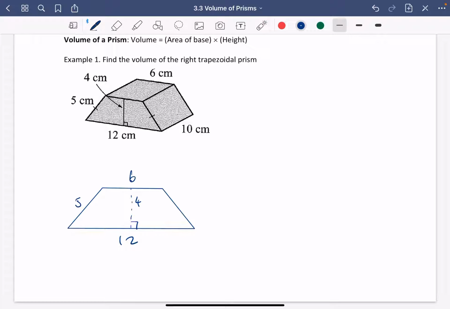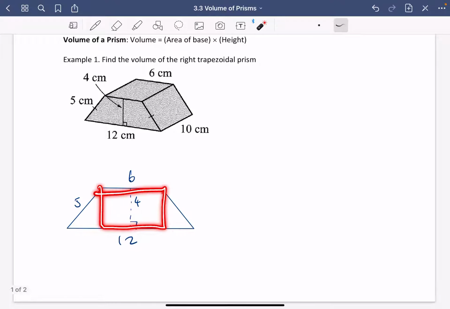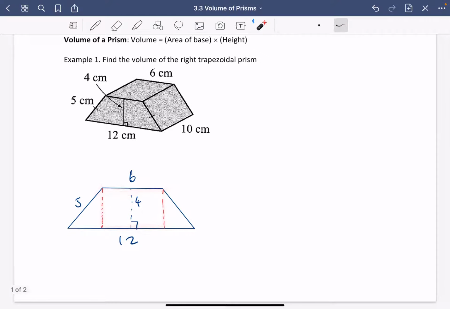So to find the area of this trapezoid, we can cut it into 3 pieces. The first piece will be this rectangle in the middle. And how do we find the area of a rectangle? We know that it's going to equal length times width.